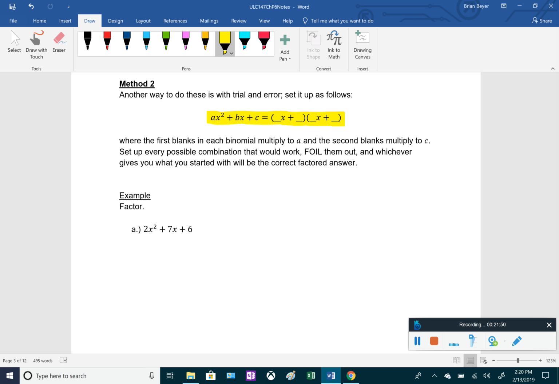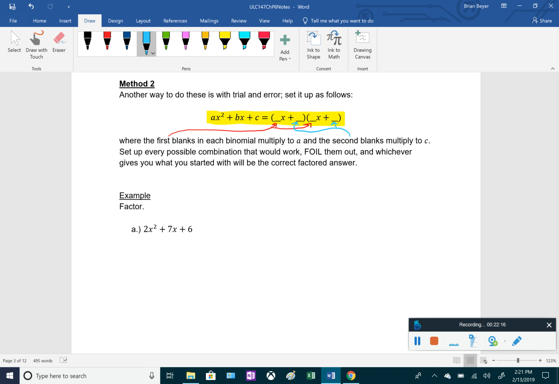The first blanks, which are here and here, have to multiply to a, and the second blanks, which are here and here, have to multiply to c.